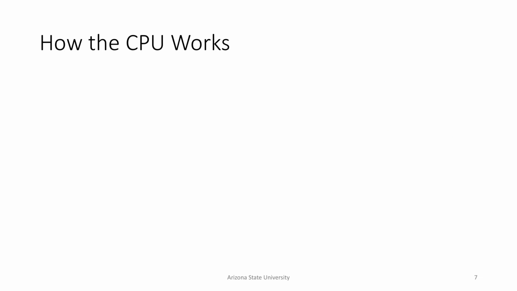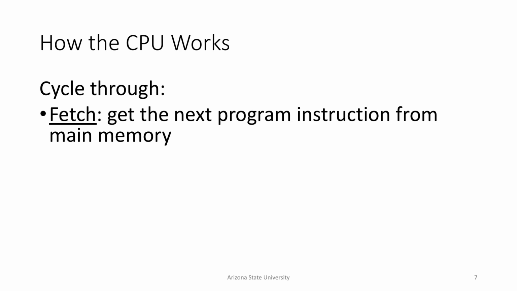Okay, so how does the CPU actually work? It seems like it has to decode these instructions and then do something with them. There are three main parts to what a CPU does. The first one is fetch. It has an instruction that it has already processed, and now it needs to move on to the next instruction.